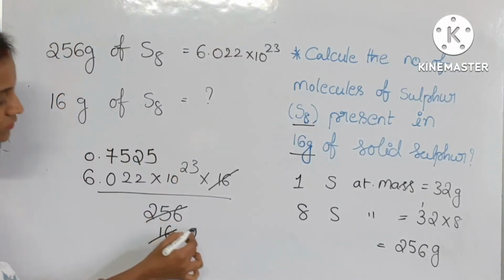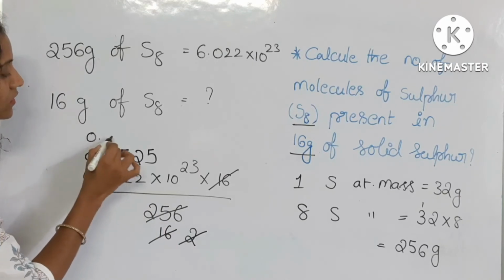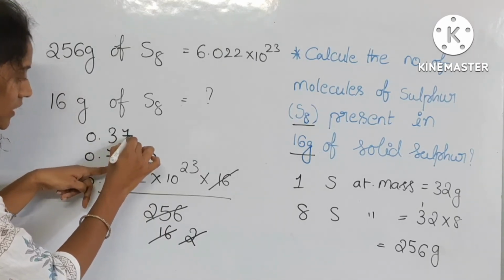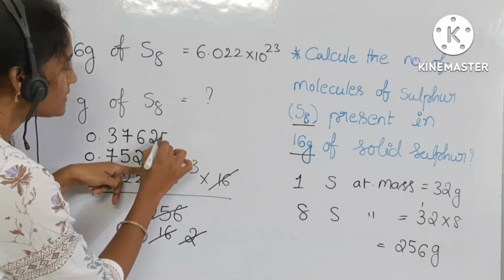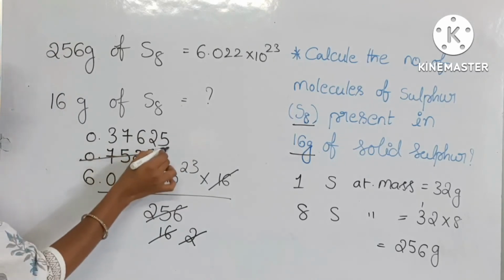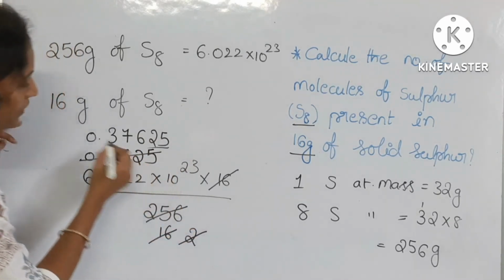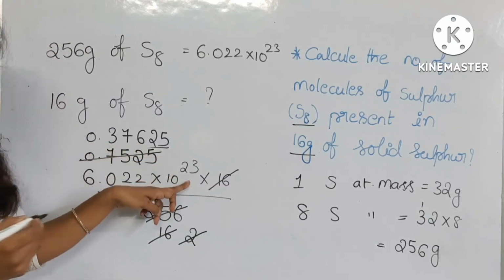Now you can do the second table: 2 ones are 2, point. 2 threes are 6, 2 sevens are 14, 2 sixes are 12, 2 twos are 4, 2 fives are 10. You can leave the remaining decimals for simplification. So we have 0.376 into 10 power 23.